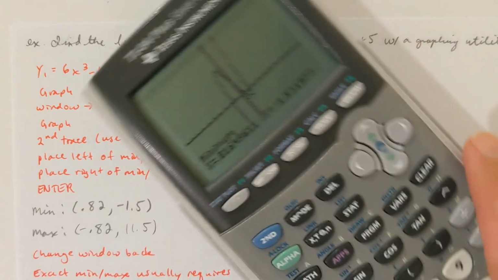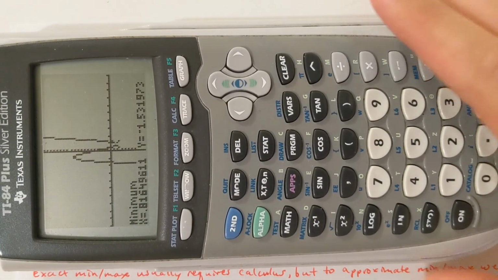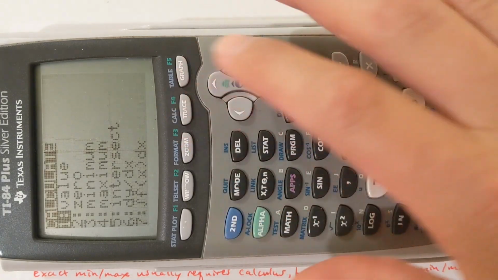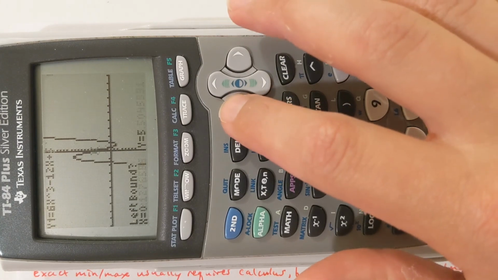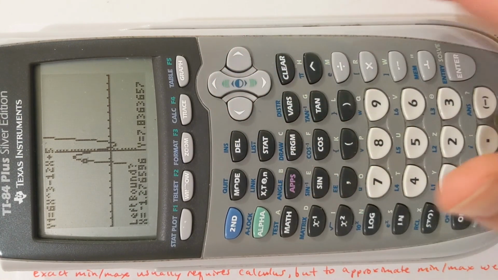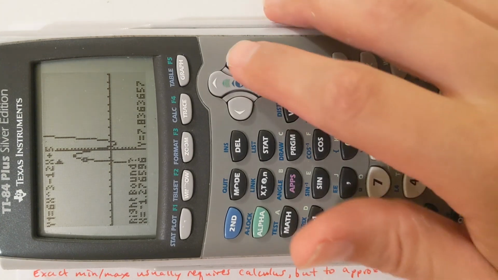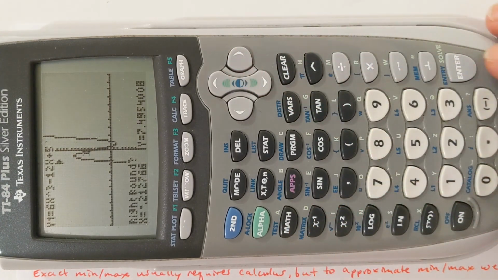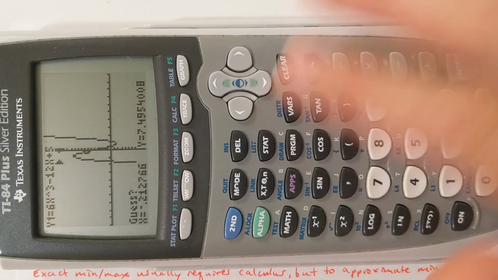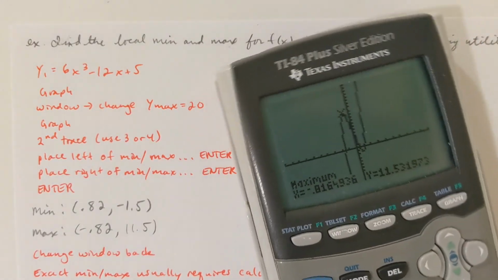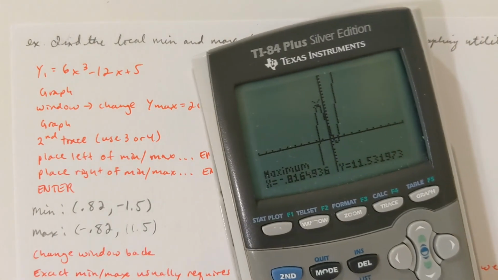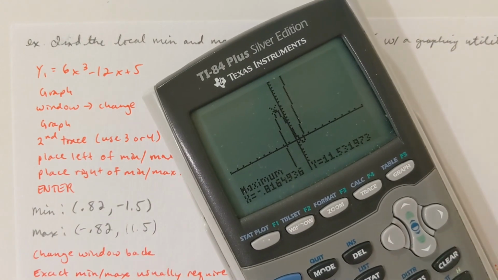And then a maximum. For maximum, I go one to the left and one to the right of the maximum, and make a guess. Negative 0.82, 11.53. Okay. So we'll stop right there.